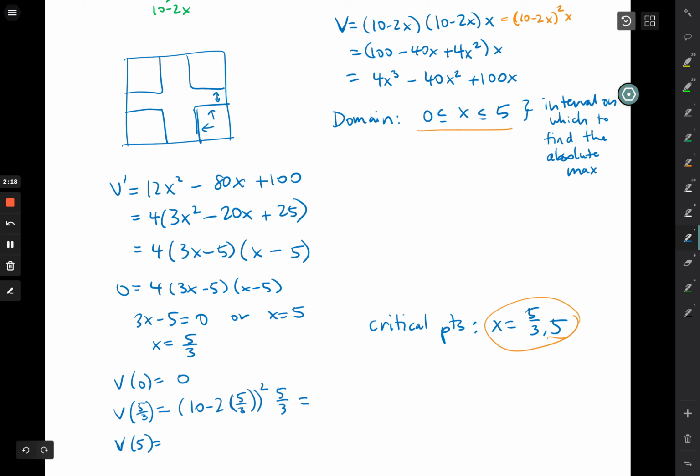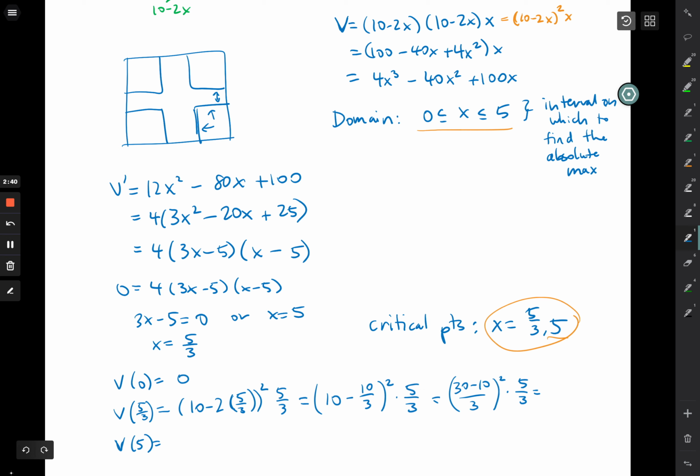And so we can simplify this. This will give us 10 minus 10 over 3 squared times 5/3, and we can find a common denominator here, that would be 3. So we would get 30 minus 10 over 3 squared times 5/3.